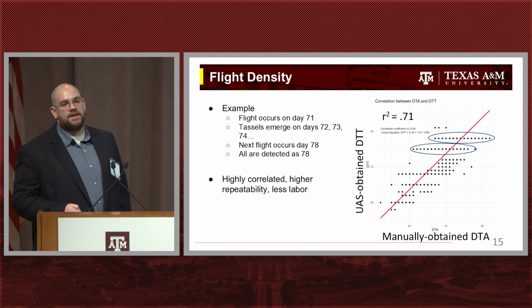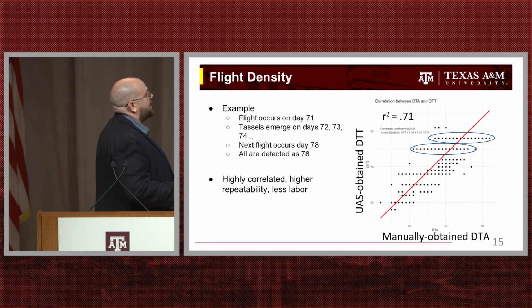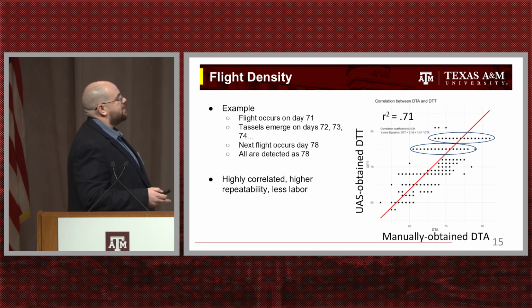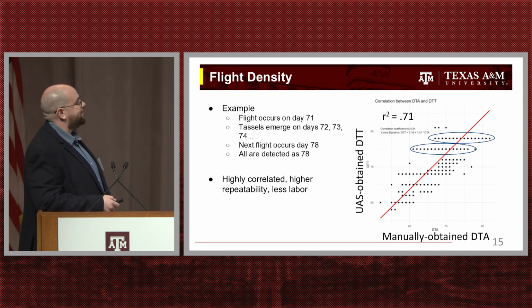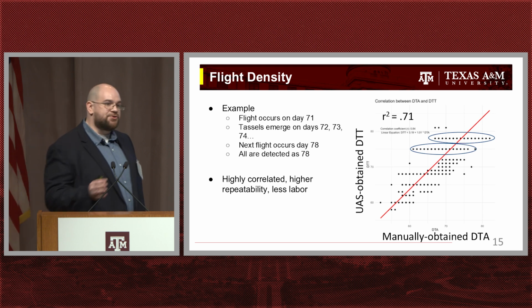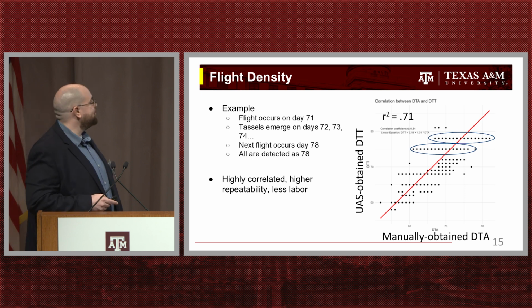Those will all be recorded as day 78. That affects our correlation by making these flat lines here, where we're restricted in the amount of DTT values that are present. So they all fall in that one. Even with this, we still have a high enough correlation that retroactively, this is stuff that we did in 2024, this could still be applied and work on 2020 and 2021.